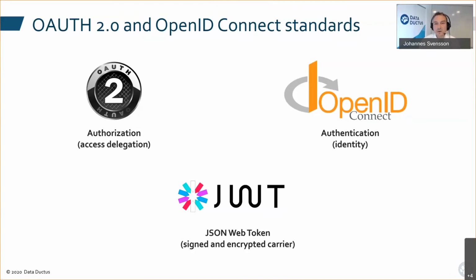That could be a user or a device or another service that is trying to access data. And we put all this together in JSON Web Tokens. That is a way to compact all this information and send it around. And we sign it and encrypt it so it can be passed around without being compromised.